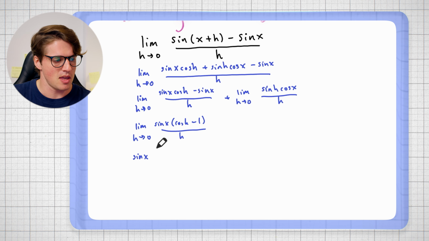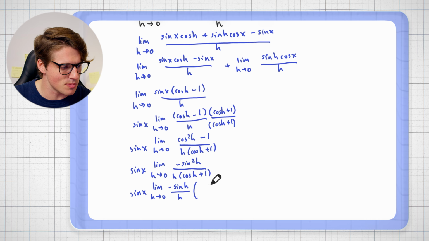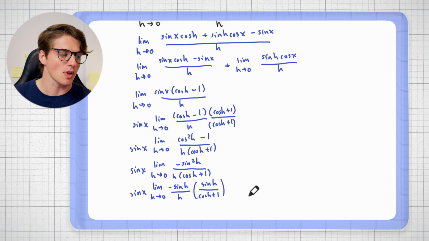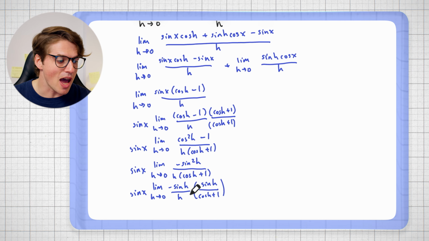So let's do that. So sine of x, the limit as h goes to 0, negative sine of h over h times sine of h over cosine h plus 1. Okay, now we can plug in.